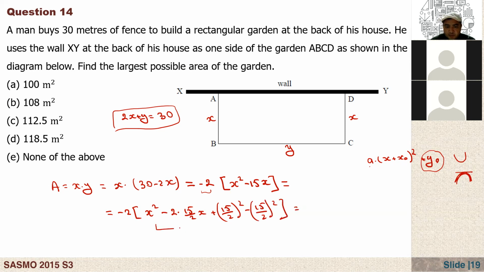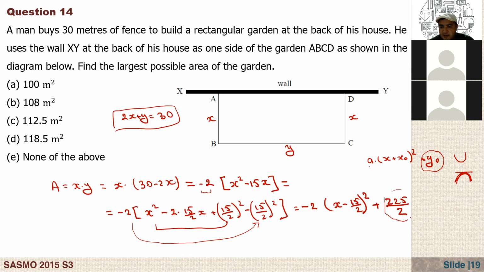Now, as you see, this one is a perfect square. And when you remove the bracket, don't forget to multiply this by negative 2. So here we have negative 2 times (X minus 15 over 2) squared. And outside we have plus 15 squared over 4 multiplied by 2, which is equal to 225 over 2.